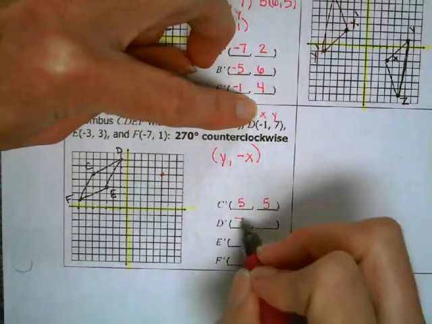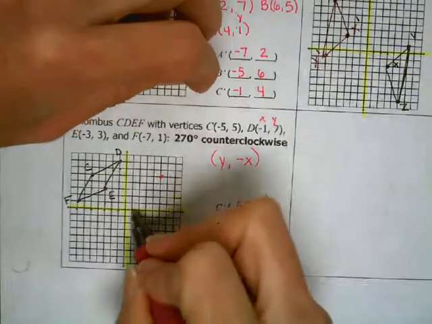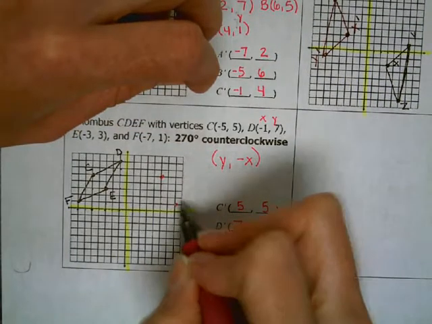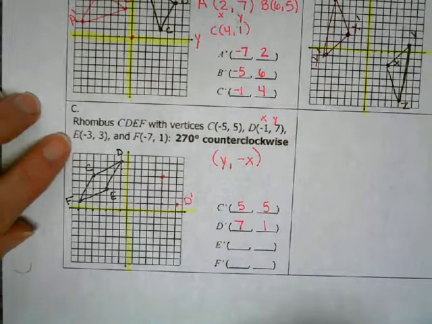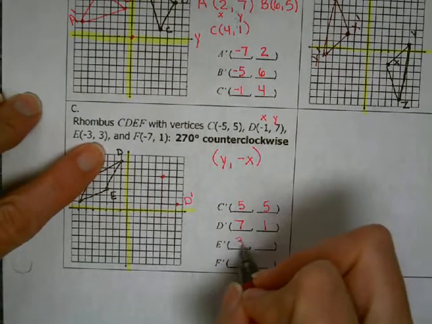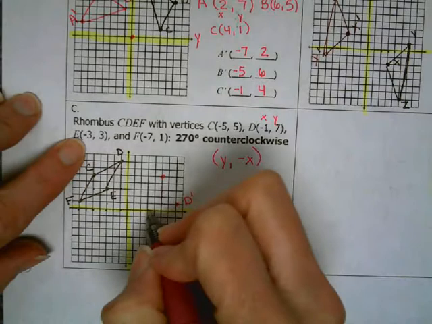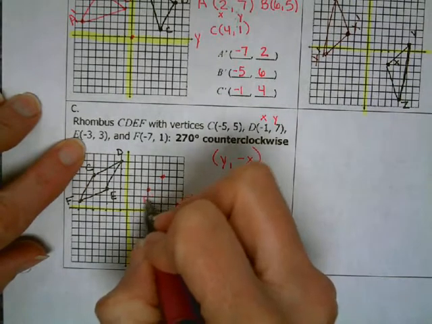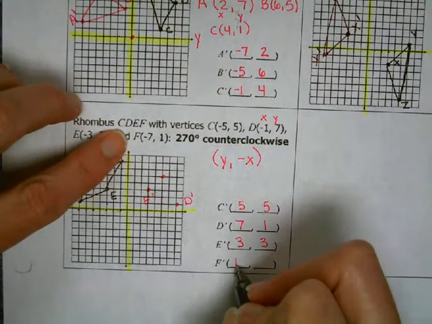The opposite of negative 1 would be 1. E value. So 3 is our y, so I'll put that first. The opposite of negative 3 is positive 3. And the last one, 1 is the y value, and the opposite of negative 7 is 7.